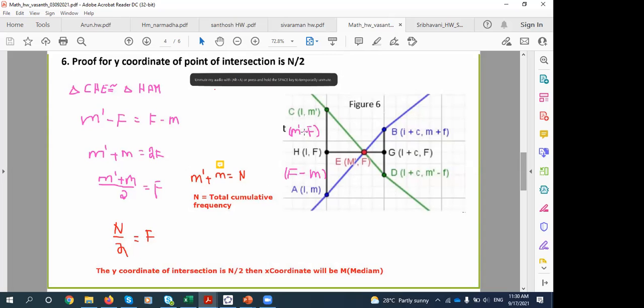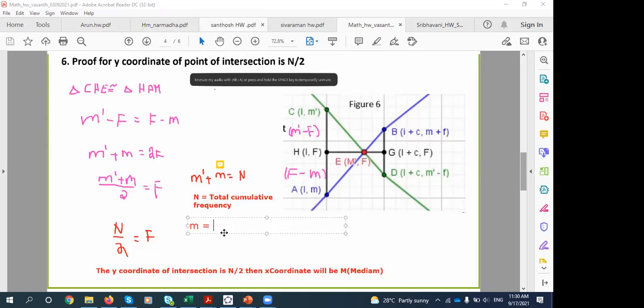If you look at M and M dash, you have claimed that it is equal to N. The claim is correct, but can you justify why it is so? For example, what is N? This M is the y coordinate of A, right?